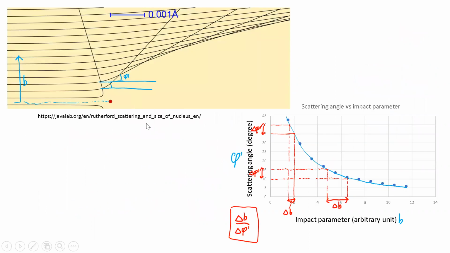Remember last time I said that even for the attractive Coulomb potential, the scattering trajectory is also a hyperbola. But if I draw the picture, the hyperbola won't look like this.